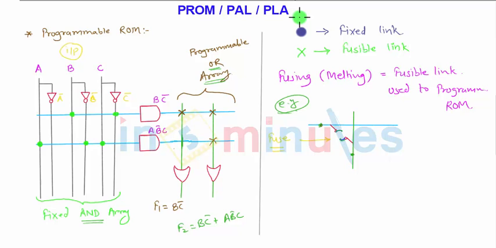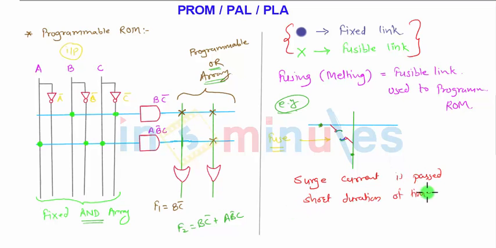The most important point that I wanted to tell you is about the links and the surge current. With the help of surge current passed for a very short duration of time to break the connection between the two lines or the two arrays, depending on this, we can categorize into PROM, PAL and PLA.